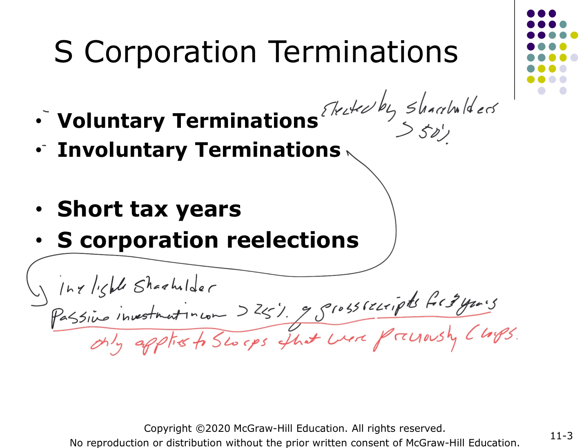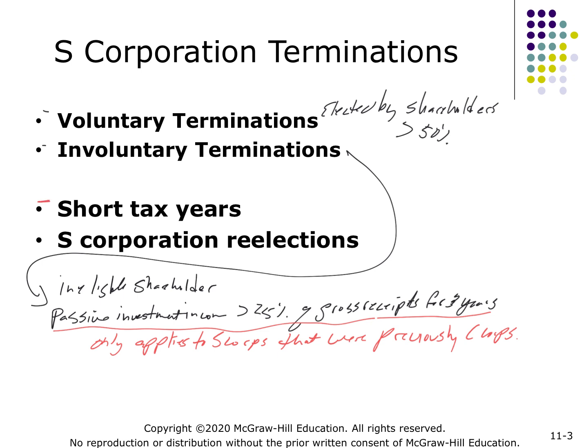Your involuntary termination would take effect on whichever day it's determined that you violated the S corporation requirements, okay? And so in that situation, then you would end up filing what's called a short tax year, okay?